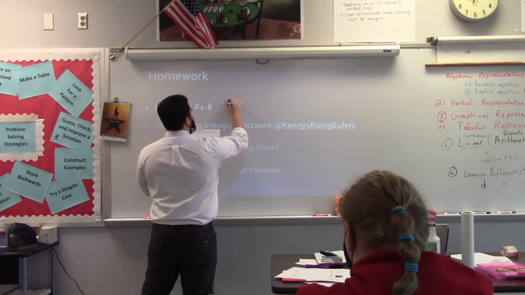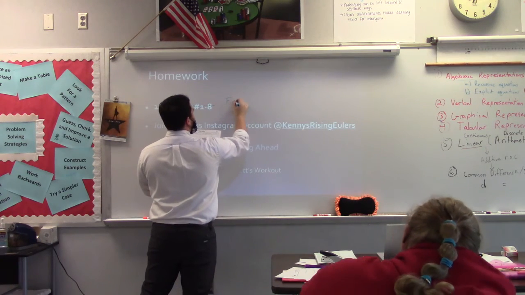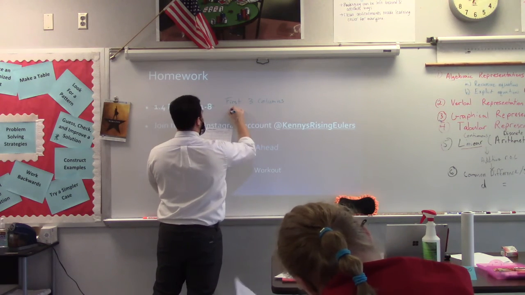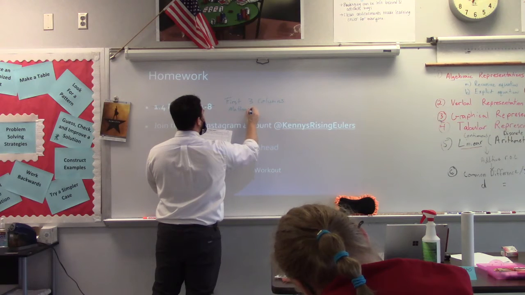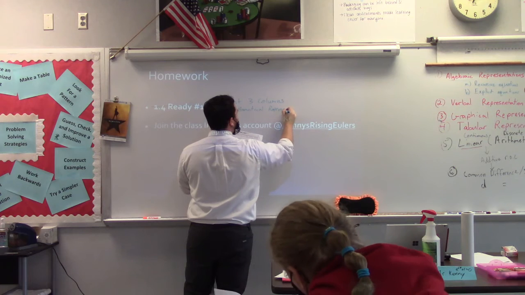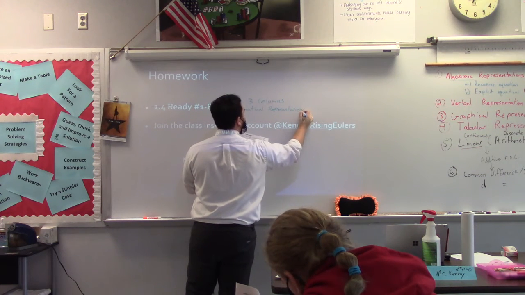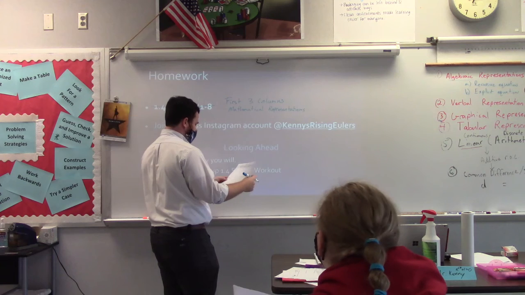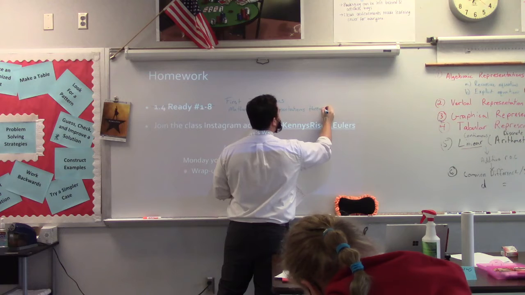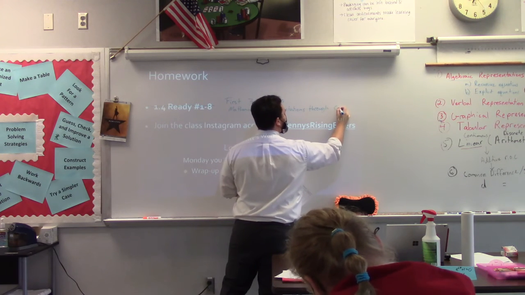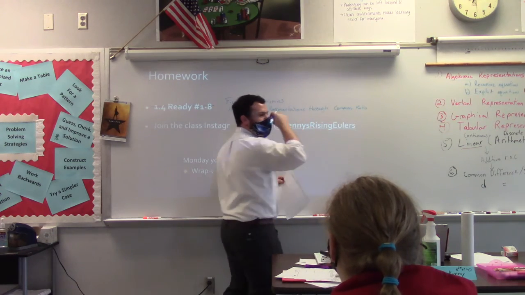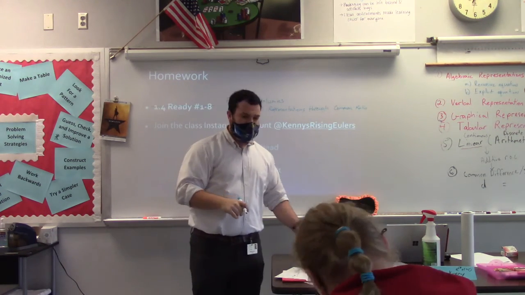I want you to do the first 3 columns for mathematical representations through common ratio. That's all it is, just defining those, doing the first 3 columns there. So you don't have to do any work, it's just thinking through what we've learned to define those ideas.